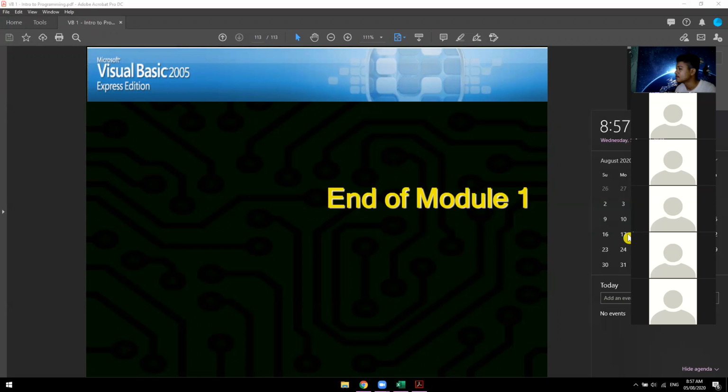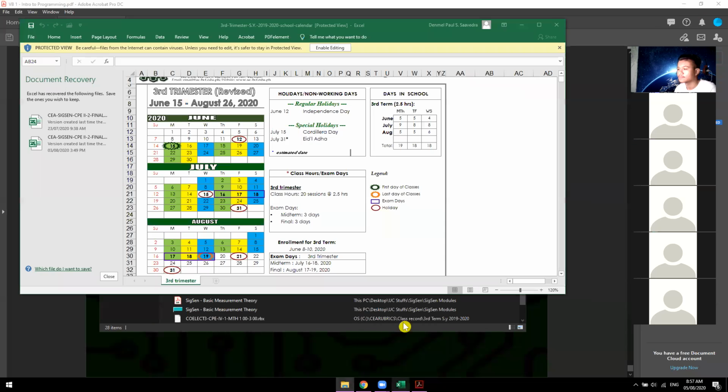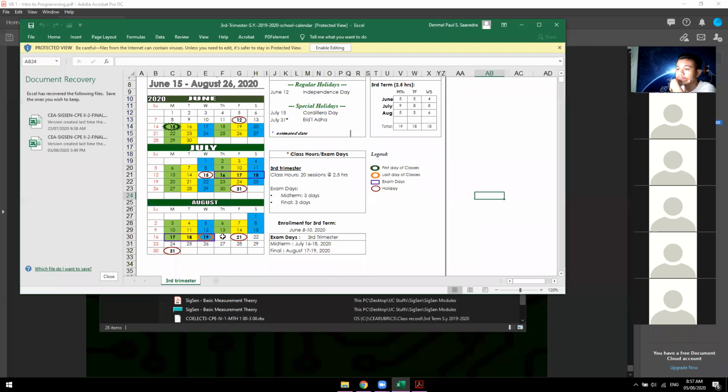Uy, mali yata 'to ah. Teka lang, check ko. Mali pala ako. So 17 to 19 pala, hindi 16 to 18. Okay? So ang exam nyo is 19. Okay? So yun yung last day natin.